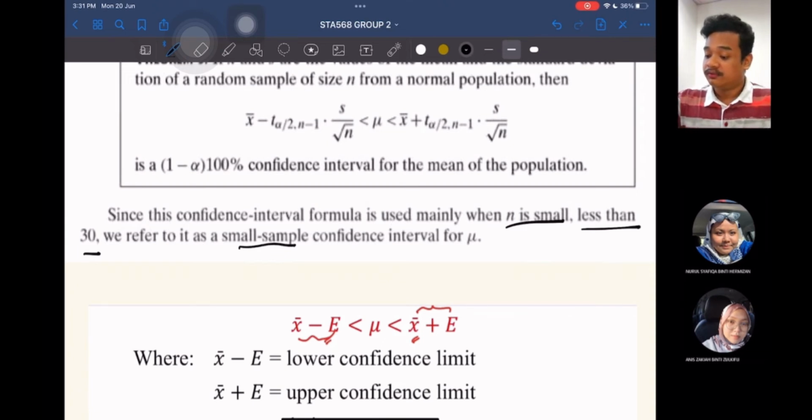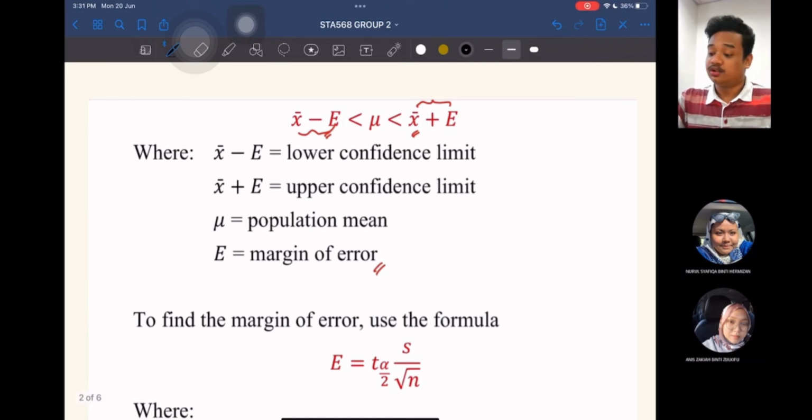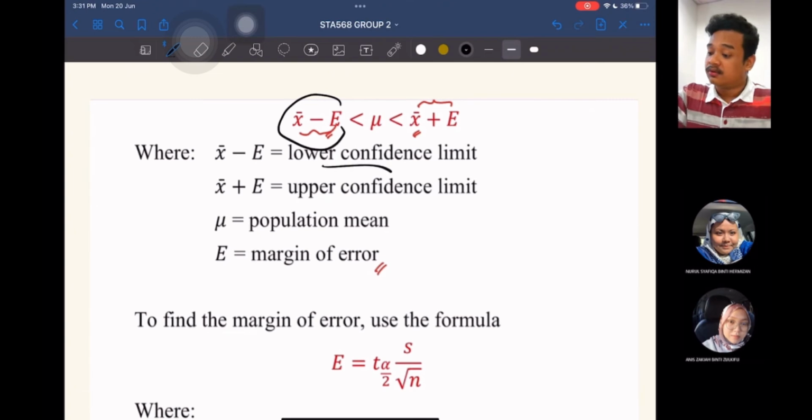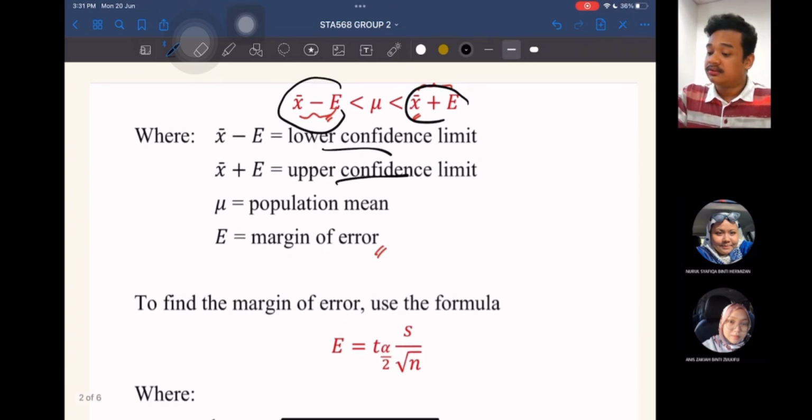So we look at this where we change it to a margin of error, where x bar minus E equals the lower confidence limit. This one is the lower confidence limit, where x bar plus E is the upper confidence limit. So the difference between them is the minus and plus symbol.